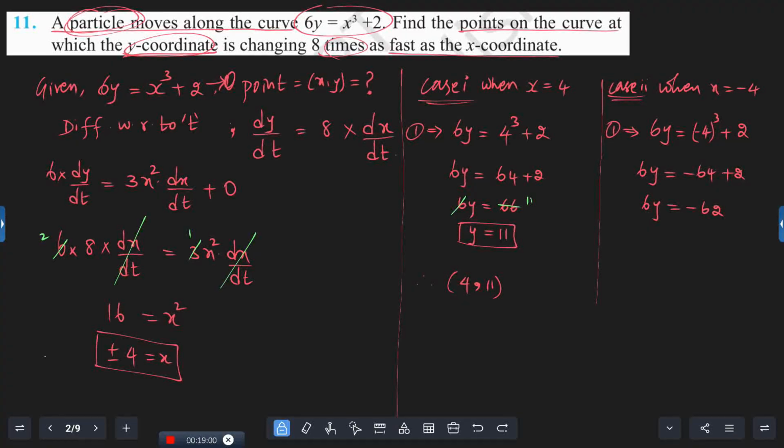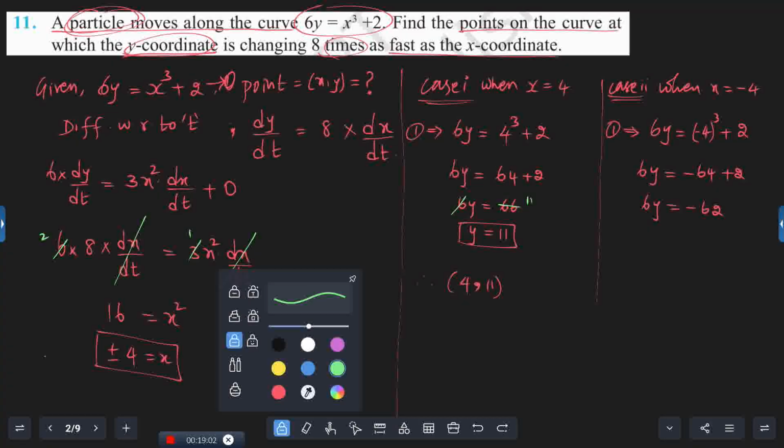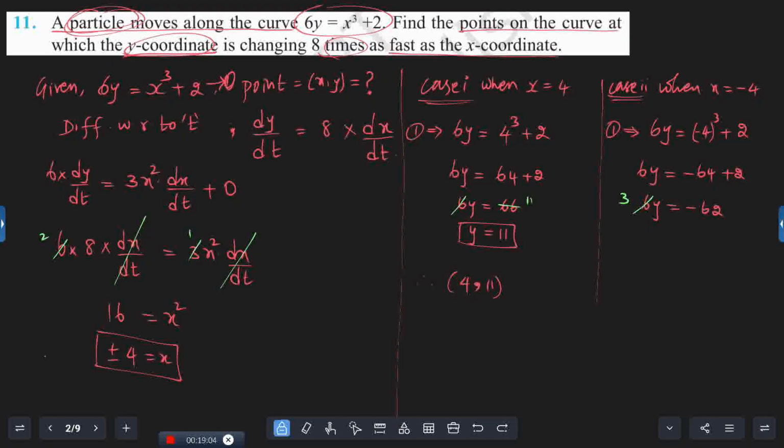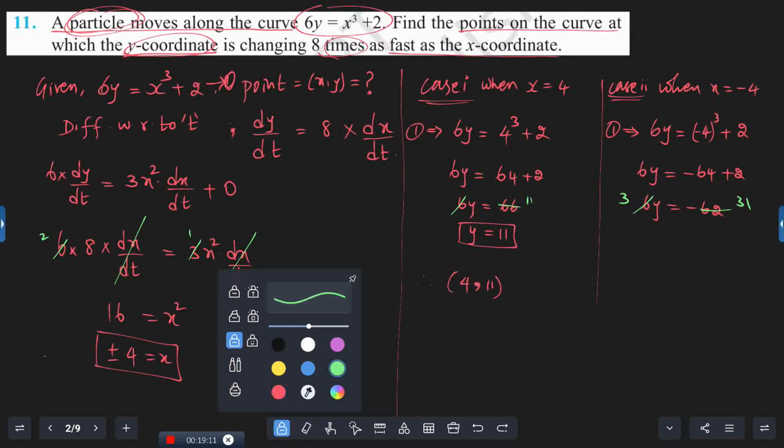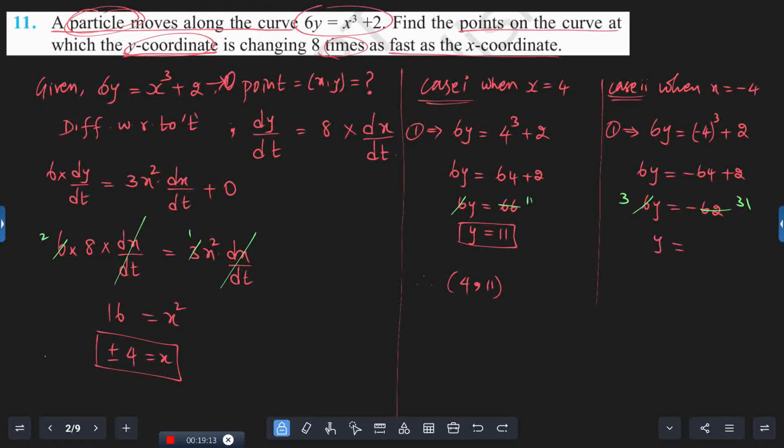When you cancel by 2, 3 twos are 6, 30, 1 two is 2, so I get minus 31 by 3. Is anything else possible to cancel here? Then y equals minus 31 divided by 3. Let it be, this is the y value. Therefore the point is minus 4 comma minus 31 divided by 3.